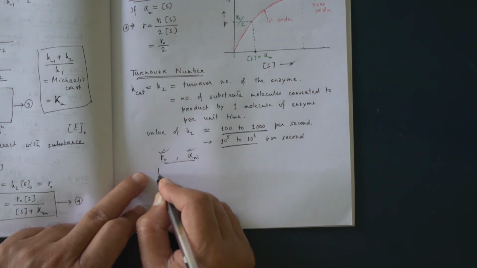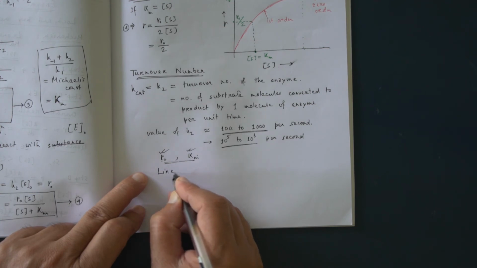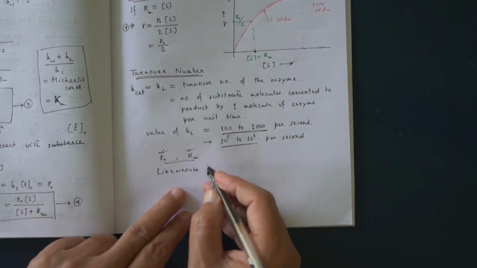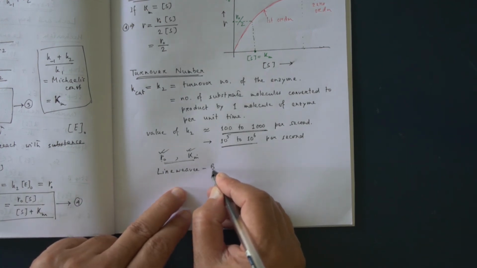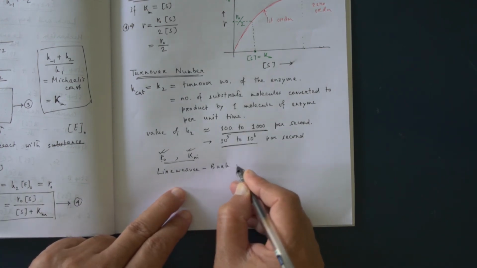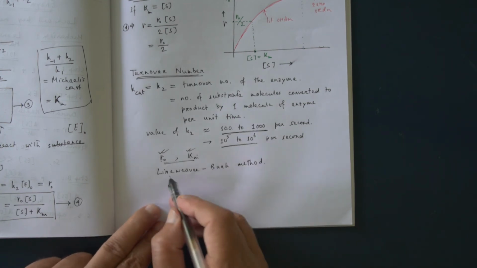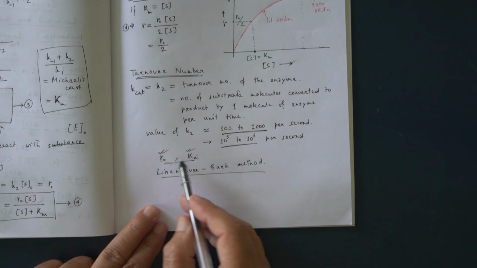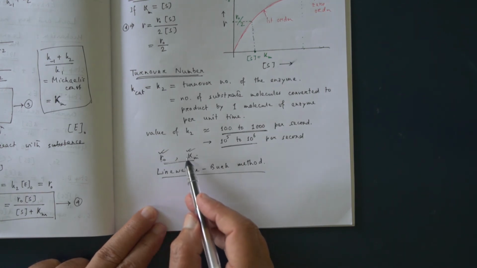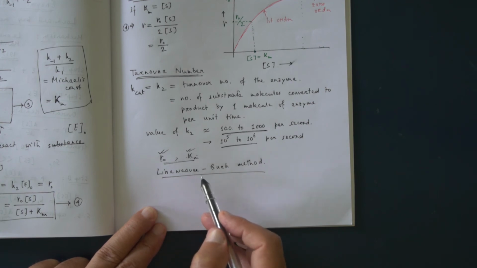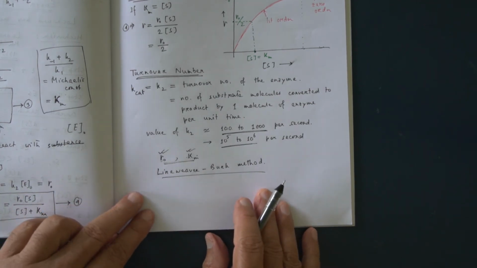There is one method which is called the Lineweaver-Burk method. In this method, what is done?